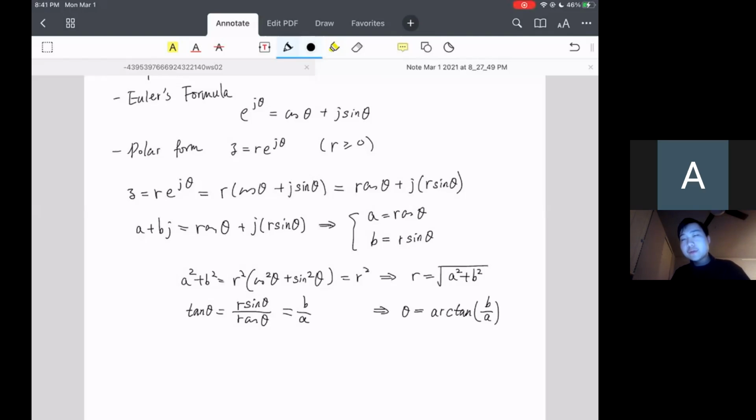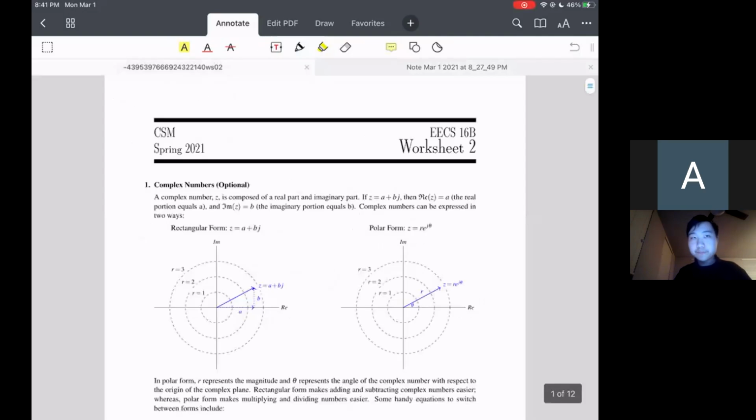We observe that to express a complex number, we would actually need two real numbers. So essentially, we devised a scheme to actually represent this number in a two-plane, just as if we're in R squared.